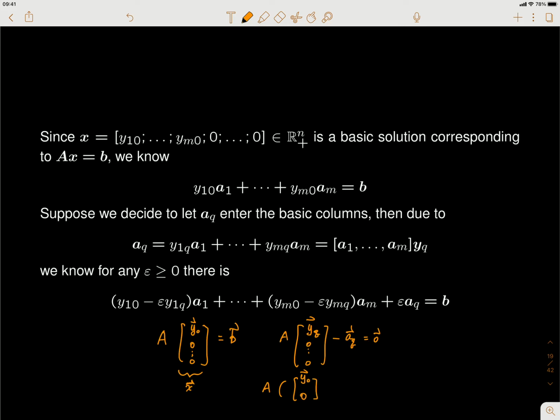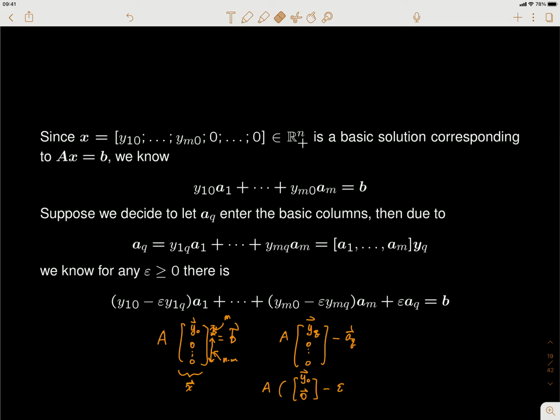I just write all those multiple zeros as one, because this part is the first m components. The rest will be n minus m components. So this 0 here denotes the remaining n minus m zeros, minus epsilon times this first vector.